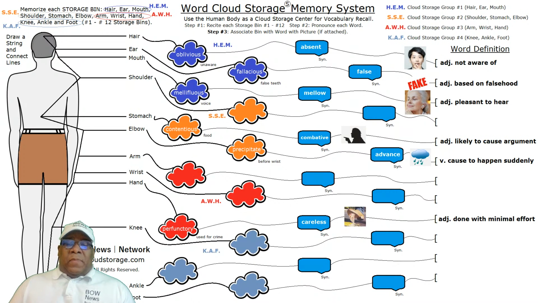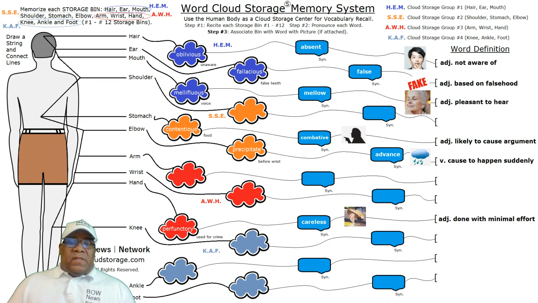We have a more direct connection to these words through our word cloud storage system that we developed here to try and embed these words into our memory a little bit more firmly, looking at their synonym as well as their word definition and also picture to word association. Also, most importantly, now that we're just working with 6 words in a 12 cloud storage bin system, we can try and associate some of these words with different points in the body, so that's another memory point for us to make an association.